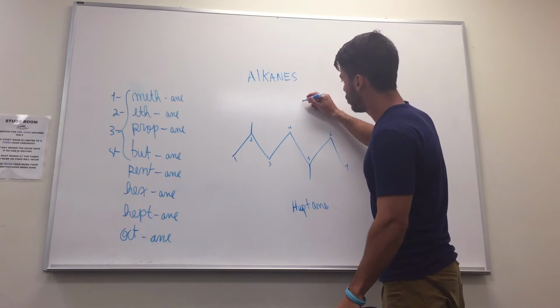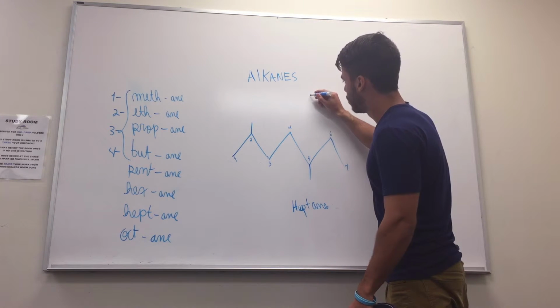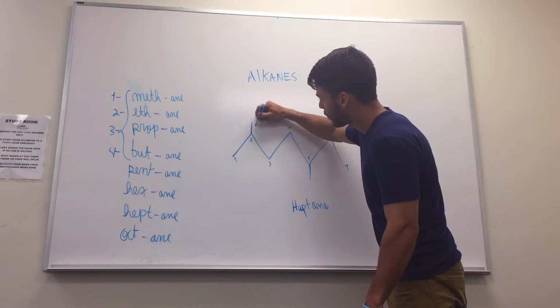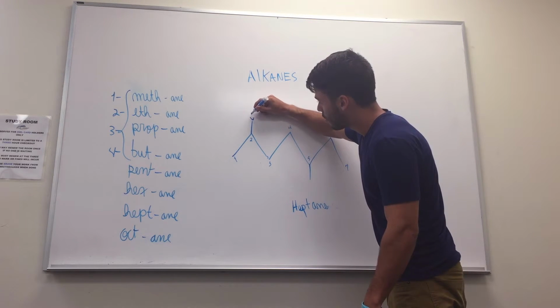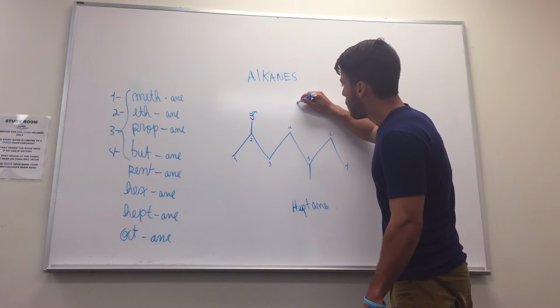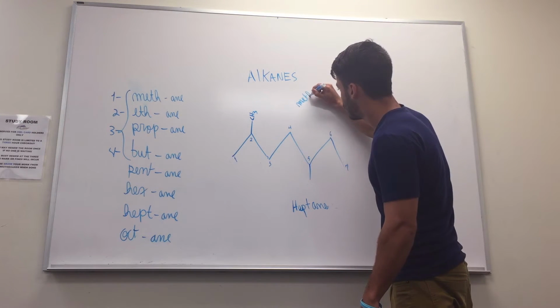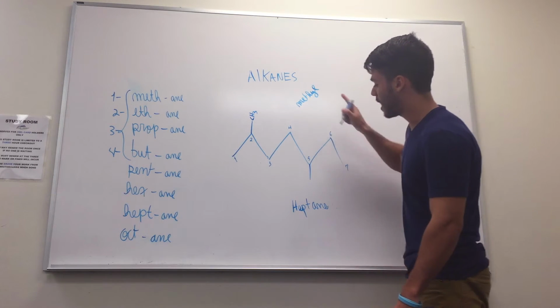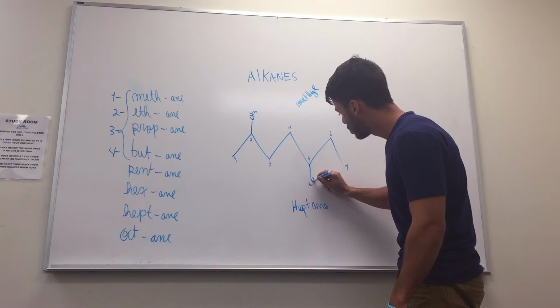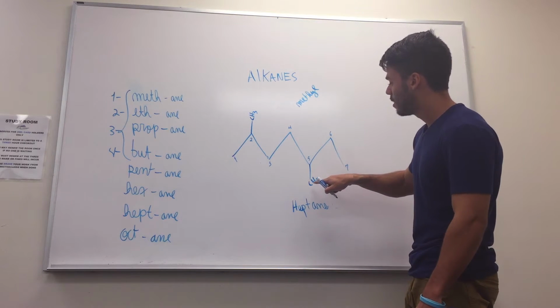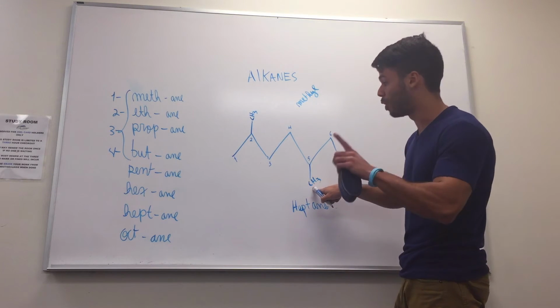So for example, you would call this thing here, which ultimately only has 1 carbon, right? This substituent is a CH3. You would call this a methyl substituent, right? On the same token, this would also be a methyl substituent because it's composed of only 1 carbon, okay?